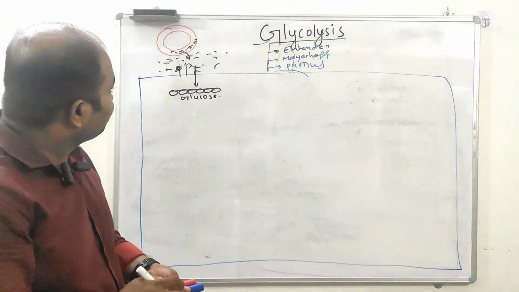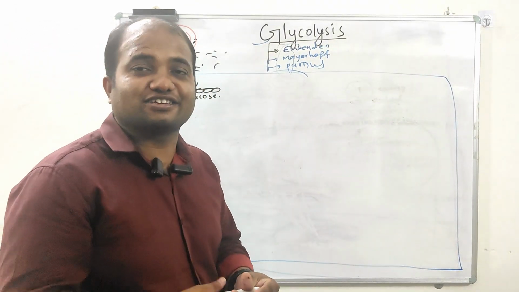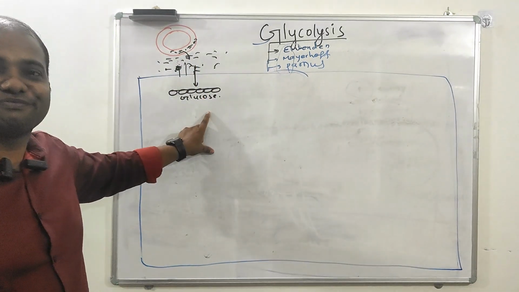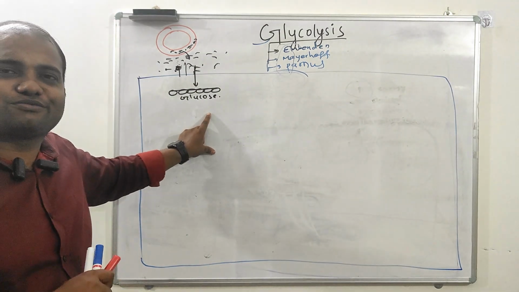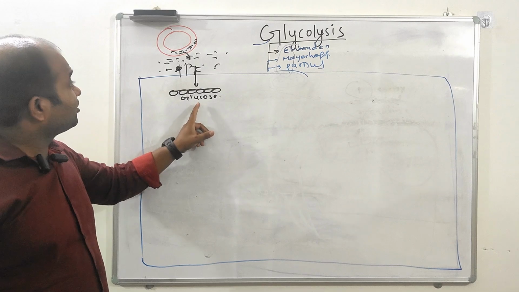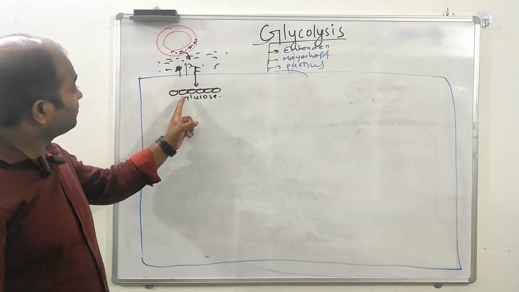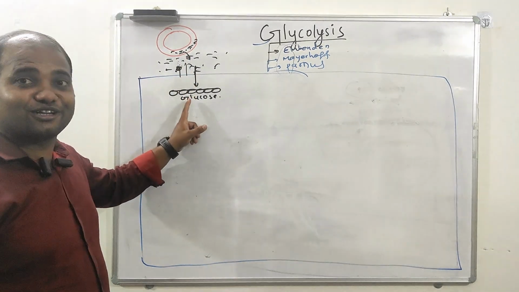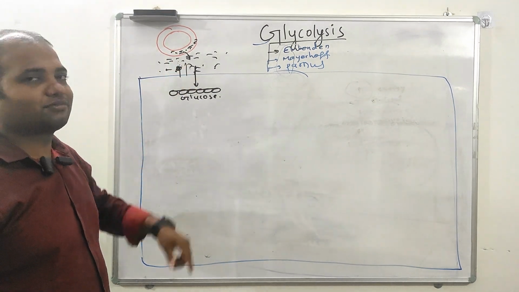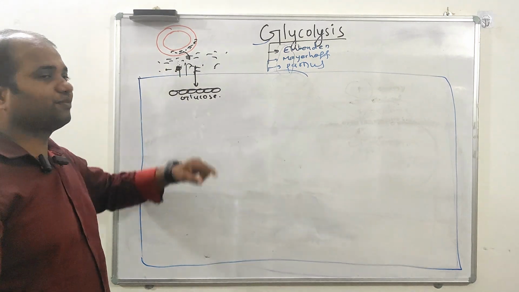Once the glucose enters inside the cells, the first action by the cell is to trap it, because the cell doesn't want to lose it again. If you don't trap it, it may move back, right?